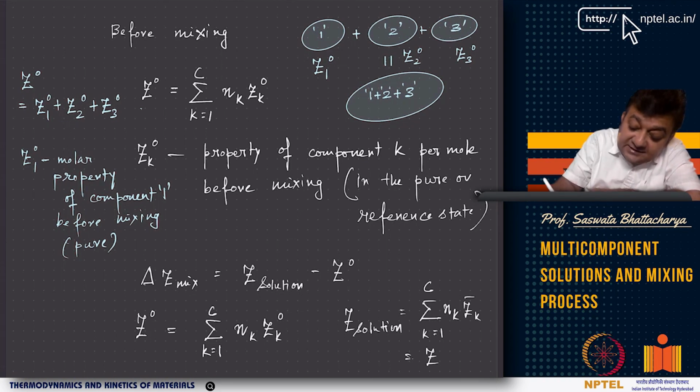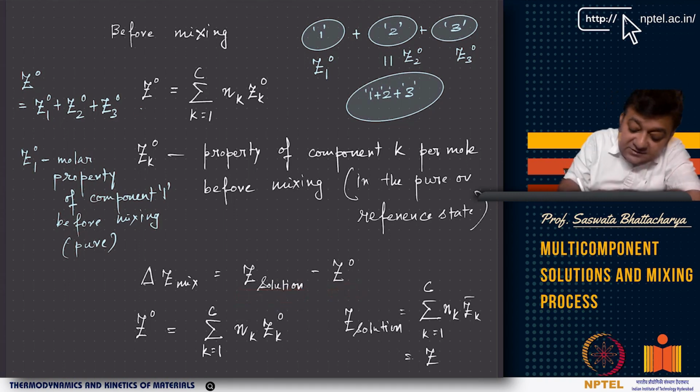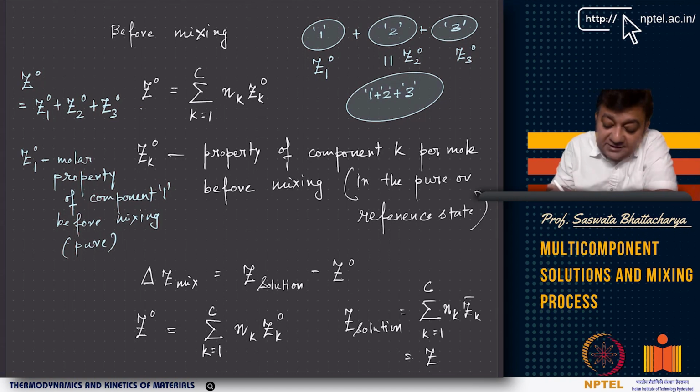So that's why there is a delta sign. So that is equal to Z of the solution minus Z0, where Z0 is the sum of the molar properties of pure components weighted by the mole number.